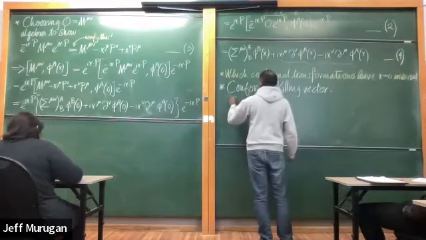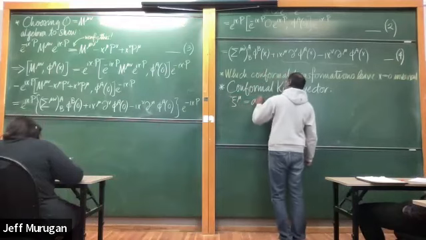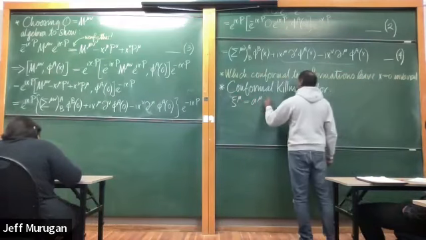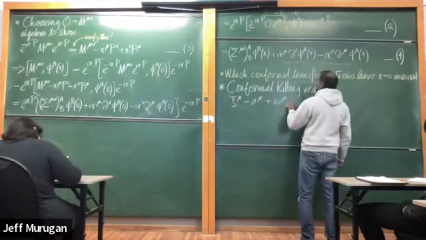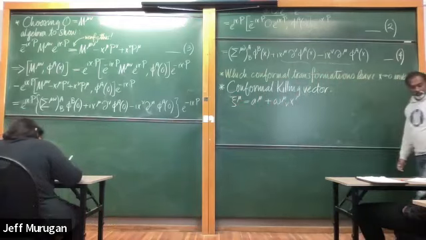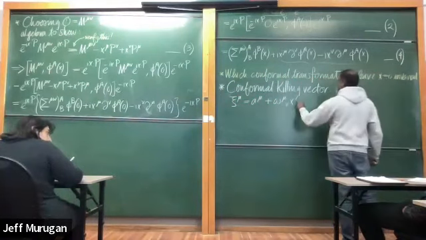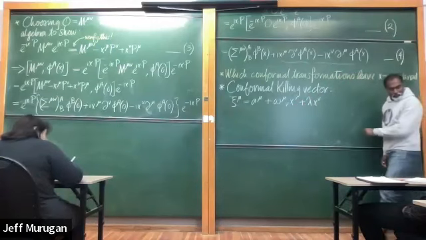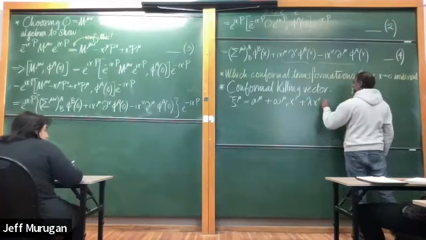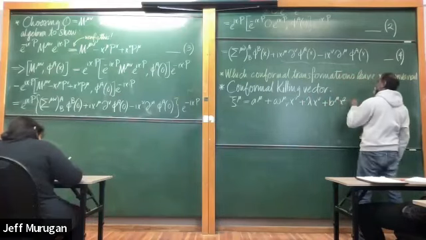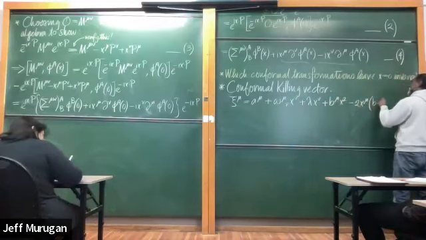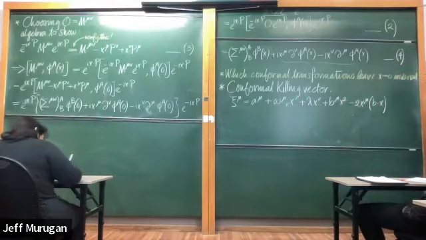So the general conformal Killing vector, psi_mu, can be written as a_mu, a translation vector, plus omega_mu nu x_nu, plus scalings, plus special conformal transformations, encoded in b_mu x squared minus 2 x_mu b·x.